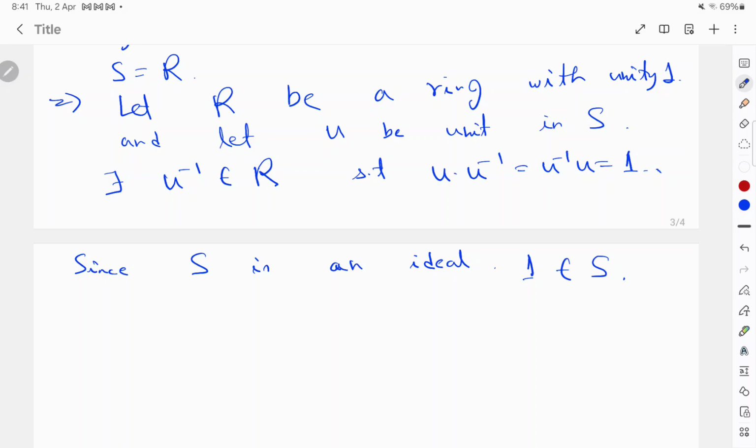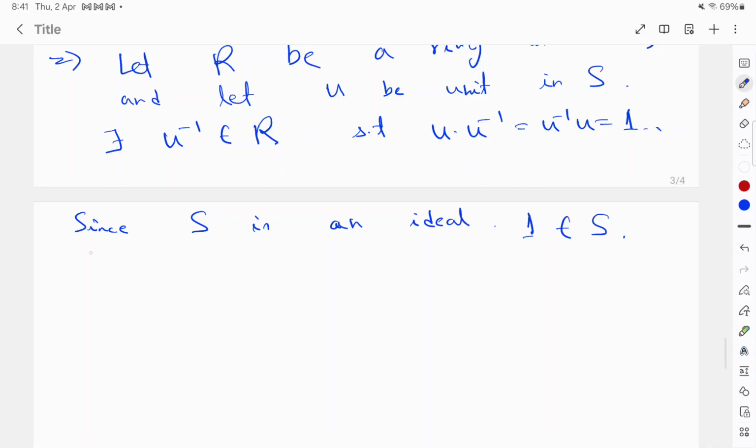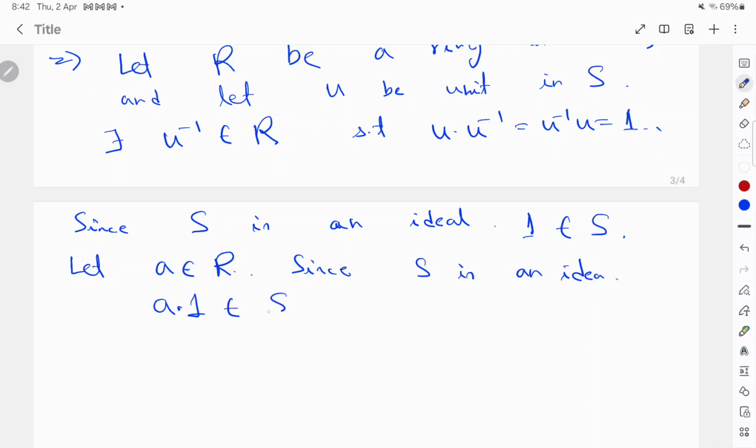So if your 1 belongs to that S, that's it, nothing more is required, because now let A belong to R, right? Since S is an ideal, obviously you have the R into A type, 1 dot A belongs to S, right?